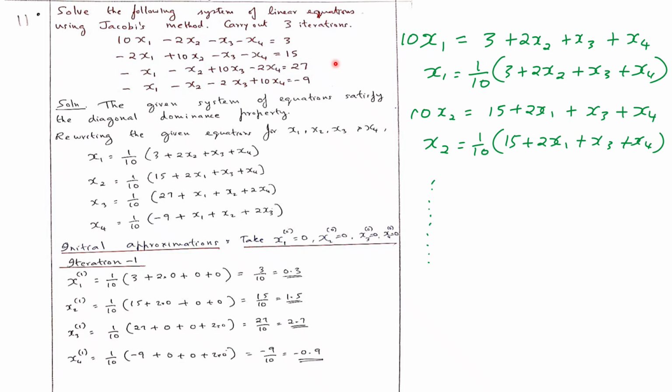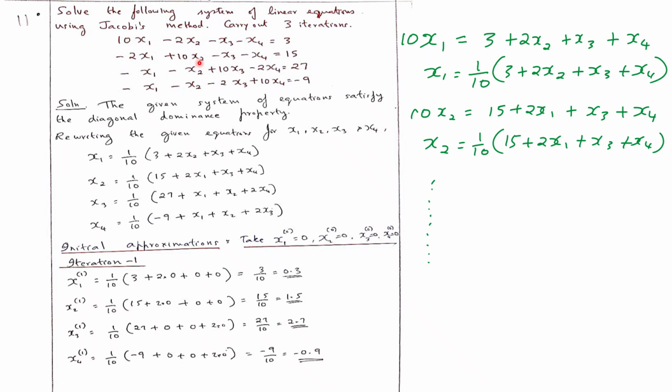How? Using Jacobi's method. First you have to check whether the given set of equations satisfies the diagonal dominance property. Diagonal dominance means, see here, the coefficient of x1 is 10, others are -2, -1, -1. In the first equation, the coefficient of x1 should have the highest value.